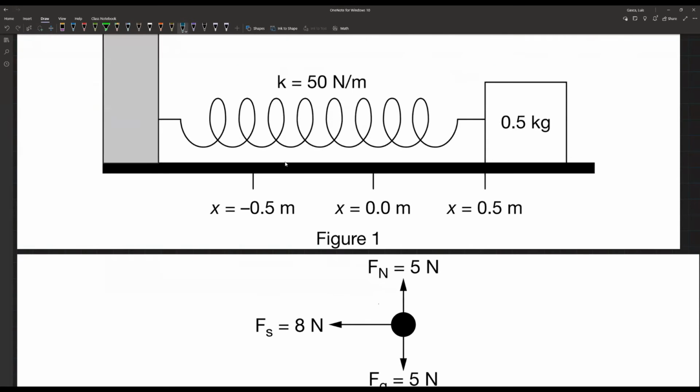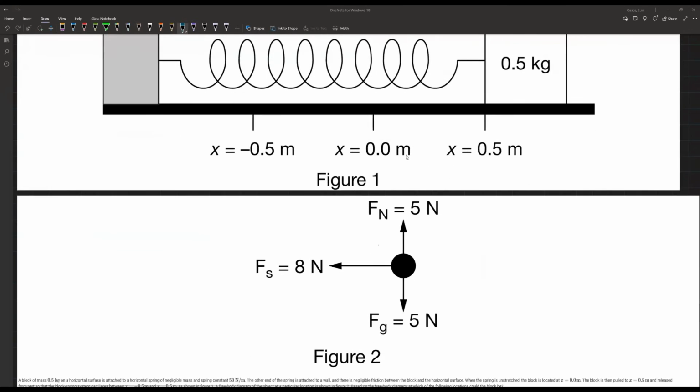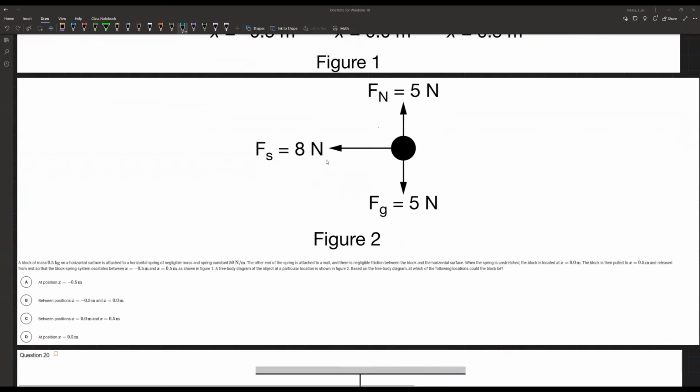All right, go to 19. We have a 50 newton per meter spring. Equilibrium point is 0. The maximum extents are 1/2 meter in each direction. And they give us a free body diagram. A block of 0.5 kilograms of mass is on a horizontal surface and is attached to a horizontal spring of negligible mass and spring constant 50 newtons per meter. The friction is negligible.